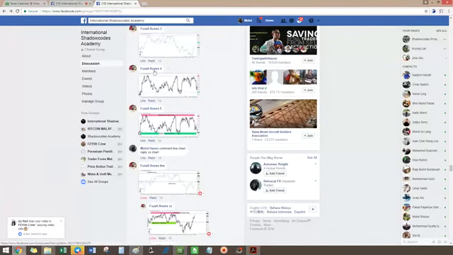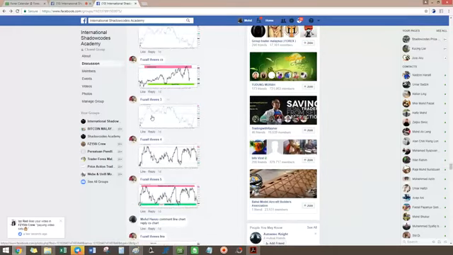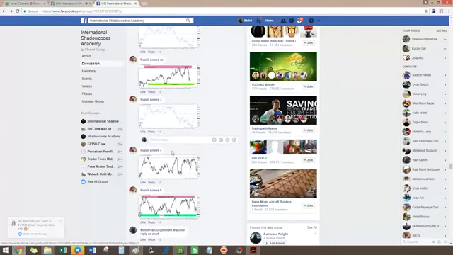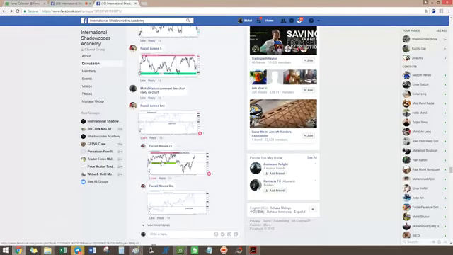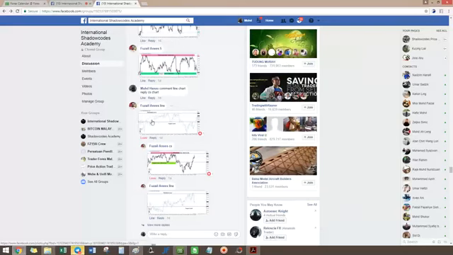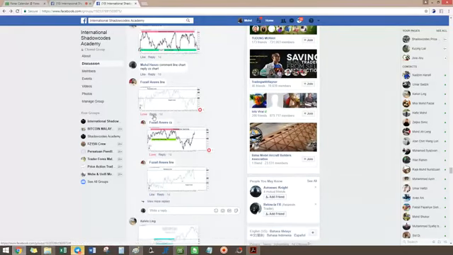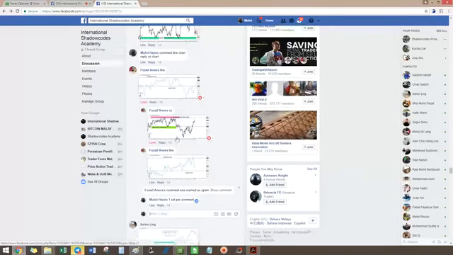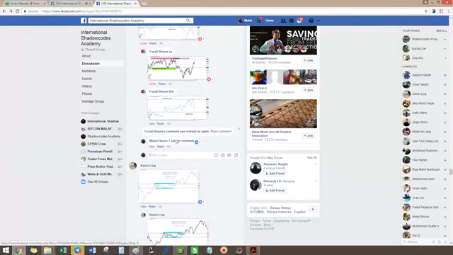Fuzail, send in the line chart and then click reply. Insert it here. Comment on the line chart like this: line chart, reply, one set per comment.